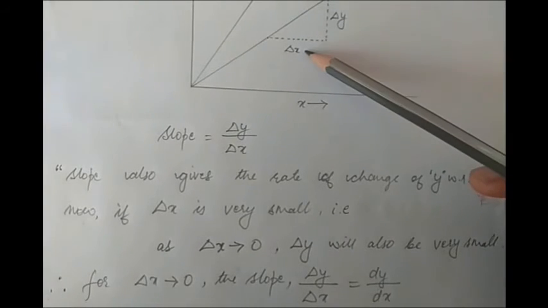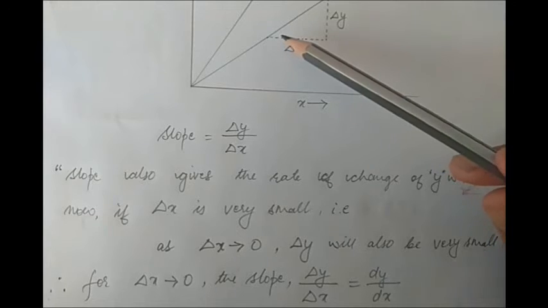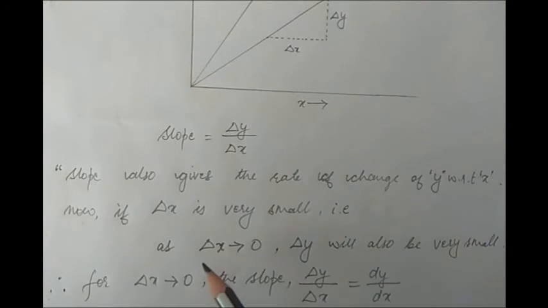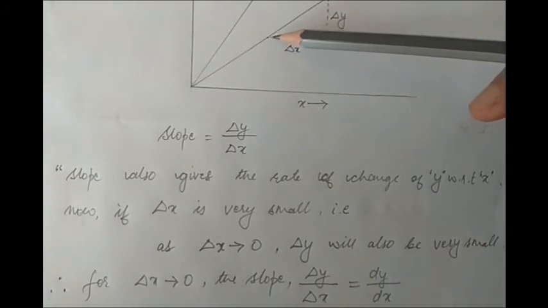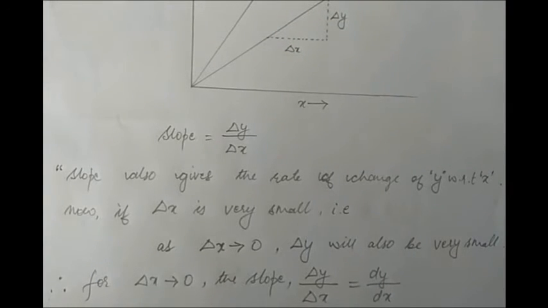Now, if the change in x is very small, that is, if delta x tends to 0, then delta y will also be very small. That is, the change in y will be very small if the change in x is small. Therefore, for delta x tending to 0, the small change in y is represented by dy, and the small change in x is represented by dx.